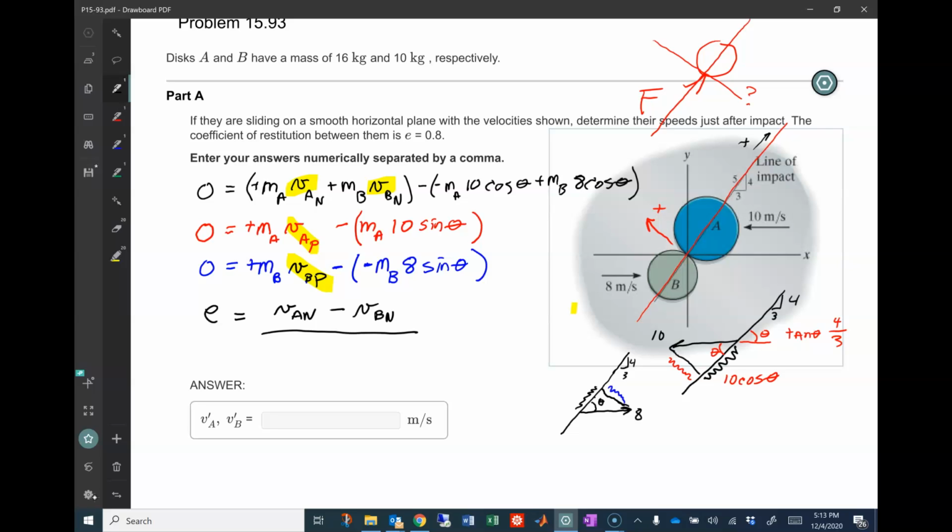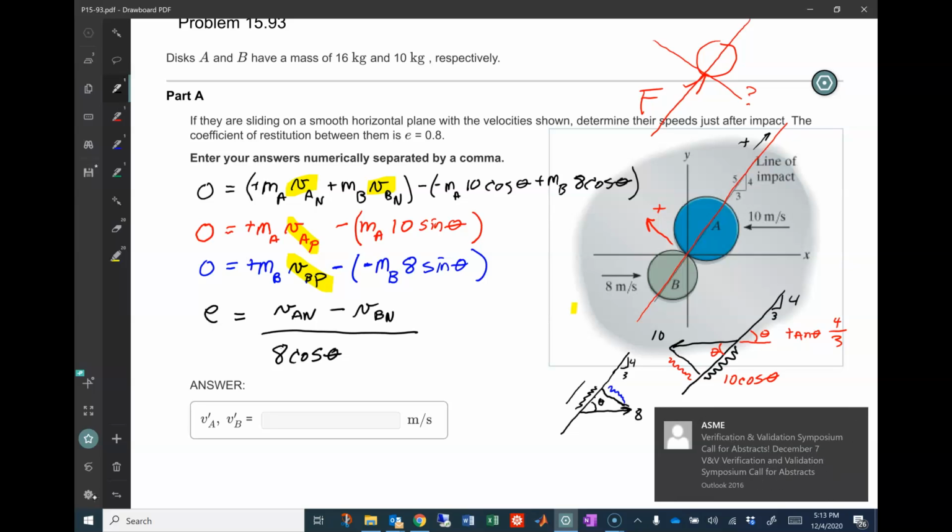Before the collision, B was equal to this piece right here. There's the velocity of that, which would be 8 times the cosine of theta, and he is headed in the positive direction. And then I say minus, because it's the difference.